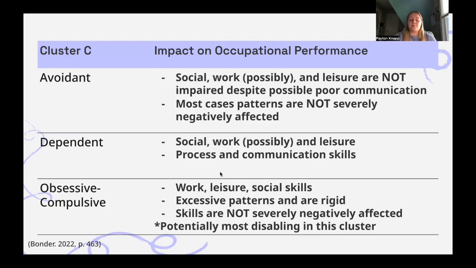And for obsessive compulsive personality disorder, work, leisure, and social skills are impacted. They have excessive patterns and are rigid. They lack flexibility. Skills are not severely negatively affected, and obsessive compulsive is potentially the most disabling in this cluster specifically due to those excessive patterns and rigidity in their daily routines.